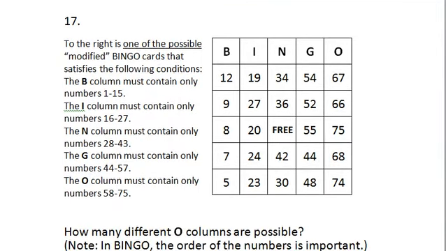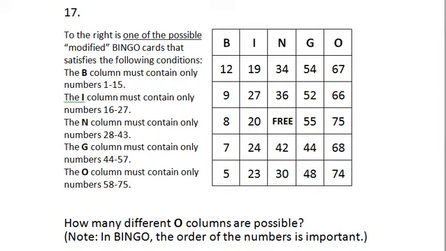Okay, let's look at this one. It says to the right is one of the possible modified bingo cards that satisfies the possible conditions. So they've taken a standard bingo card and made it follow a little bit different rules. It tells you that the numbers in column B have to always come between 1 and 15.